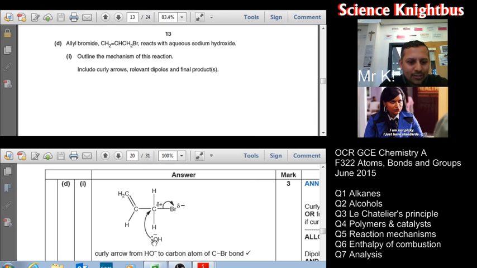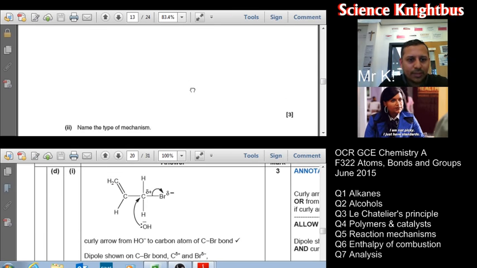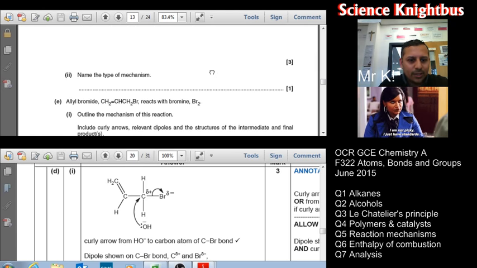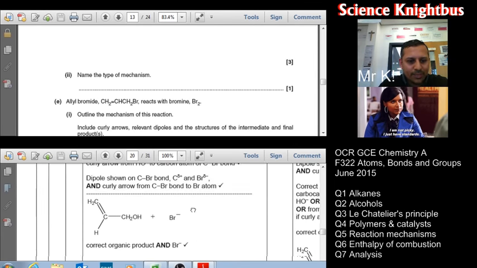Notice that the lone pair is going straight into the carbon atom of the C-Br bond. You've got delta positive because the bromine is more electronegative, and it's a very straightforward mechanism there. Make sure that you've got all the dipoles. This is a nucleophilic substitution because the Br comes out and it's replaced.